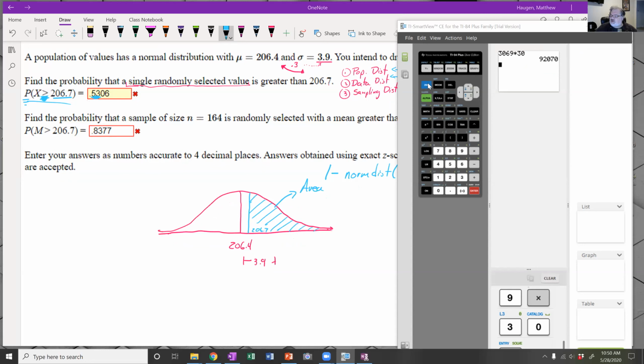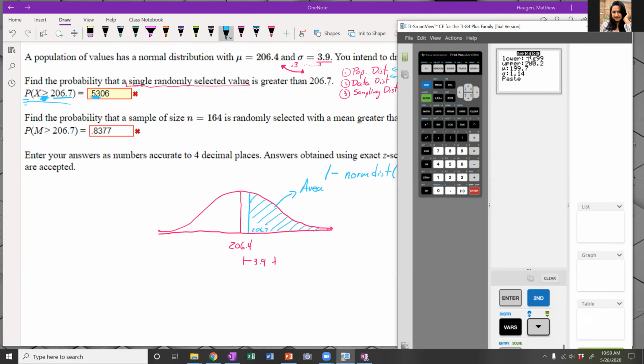So if I grab my calculator here, I'm going to go to normal CDF. We could change this lower to the 206.7 and the upper to 1e99 if you wanted to, and just not have to do the 1 minus. But that's just not my habit.